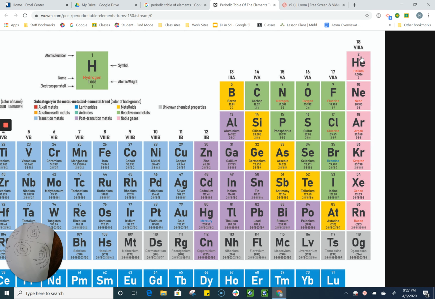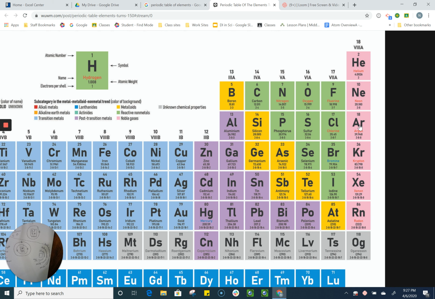Helium has 2 electrons at its highest energy level. That first energy level is filled. Helium is stable and does not want to combine with any other elements. Neon has 2 in the first energy level, 8 in the second. Its second energy level is filled. It doesn't want to combine with anything.